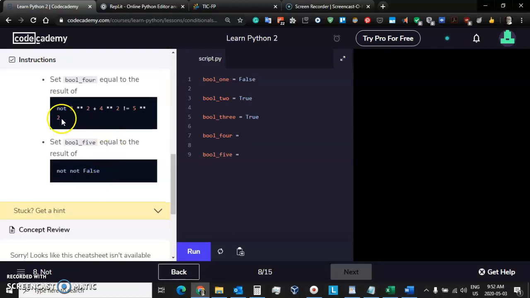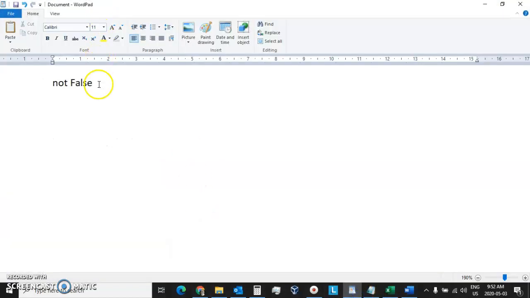We'll go on to Boolean expression 4. And let's work out the exponents. So 3 to the exponent 2, 3 times 3 times 3, that's 27.